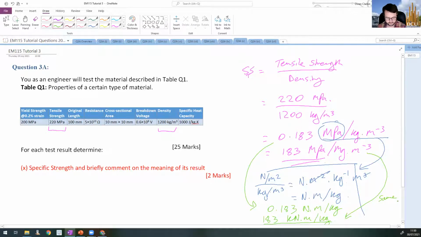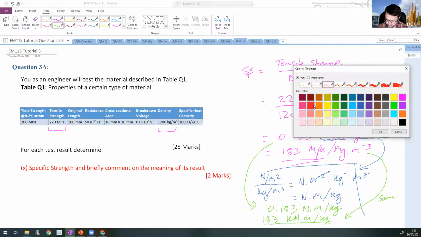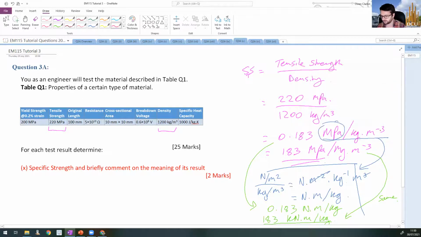Okay. So if we have a look then at what materials typically come out at. So just pick some common ones. So stainless steel is typically 63 kilonewtons per meter per kilogram.